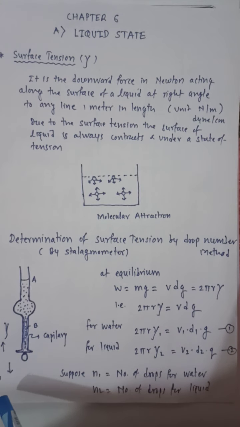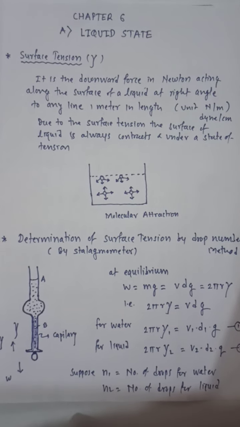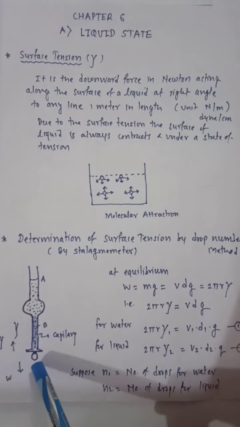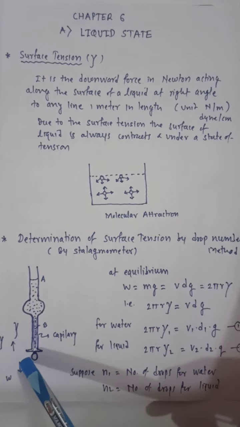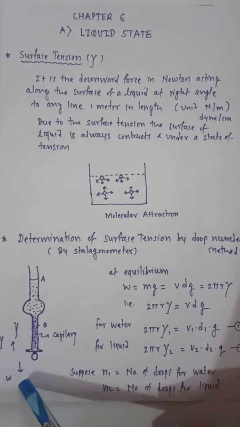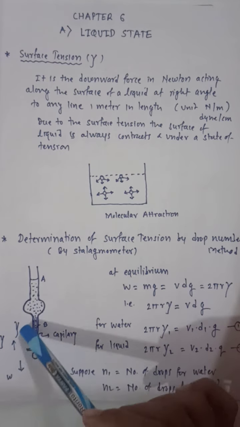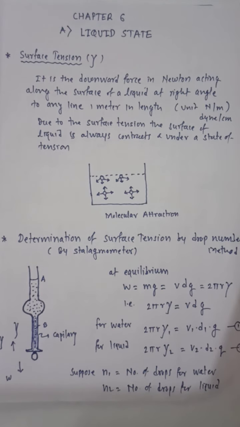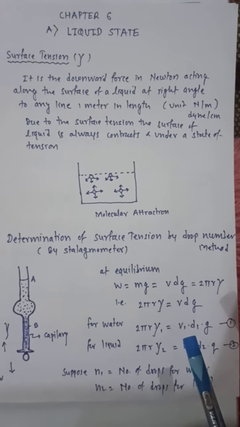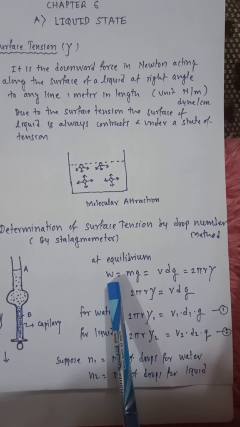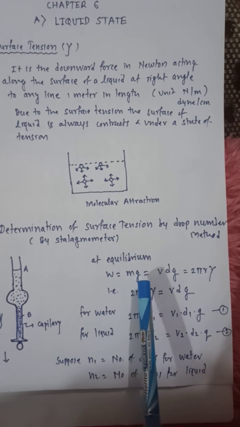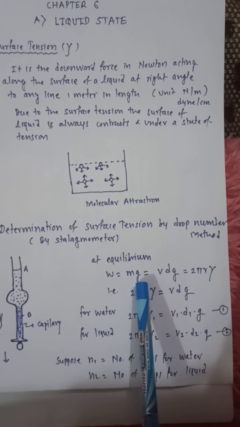Now, what will happen when the drop is about to fall? At that time, there will be two forces acting on this drop. Suppose this drop is just falling, the weight of the drop will try to pull the drop downward, whereas the surface tension will try to retain it back. So at equilibrium, the weight of the drop W will be equal to m into g, that is mass into gravity.